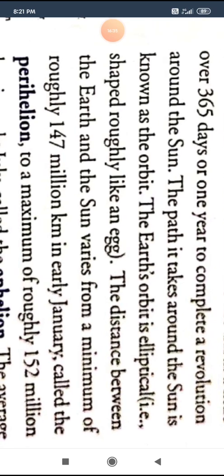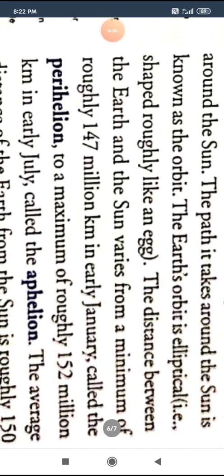And the distance between the earth and the sun varies from a minimum of 147 million kilometers in early January. So in the month of January, the minimum distance between the sun and the earth is 147 million kilometers, and this is called perihelion.